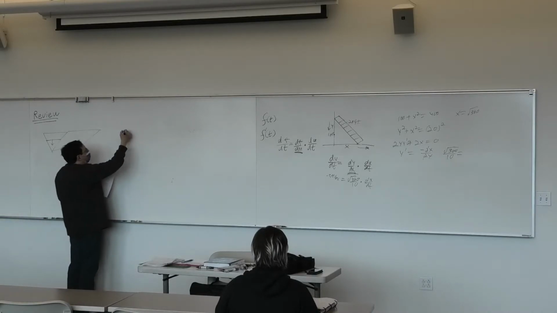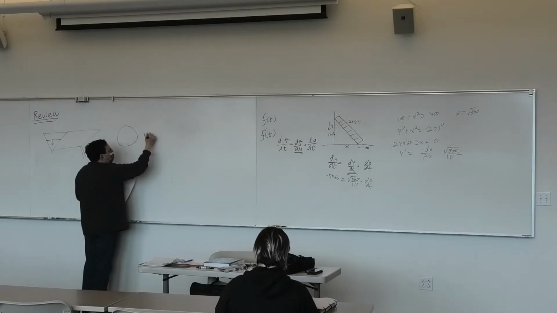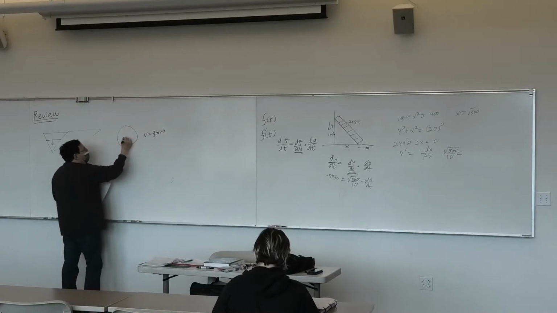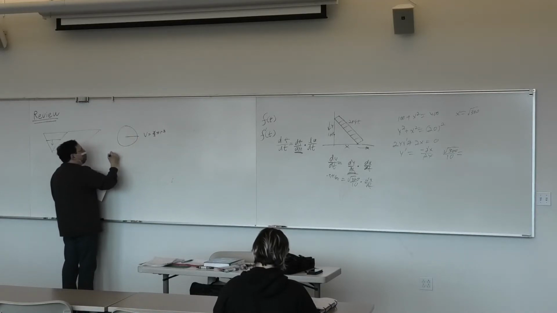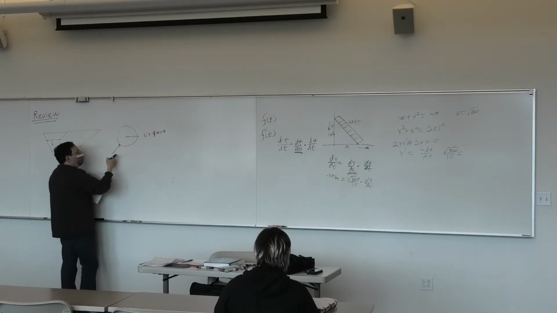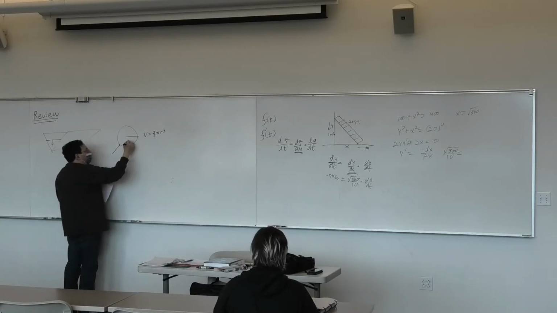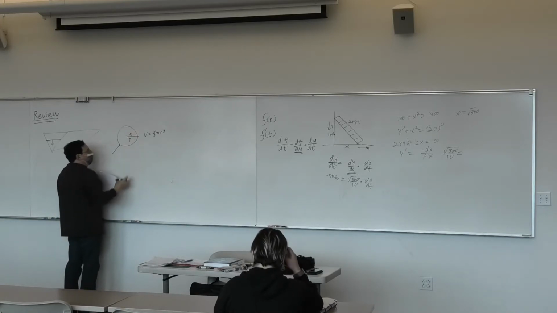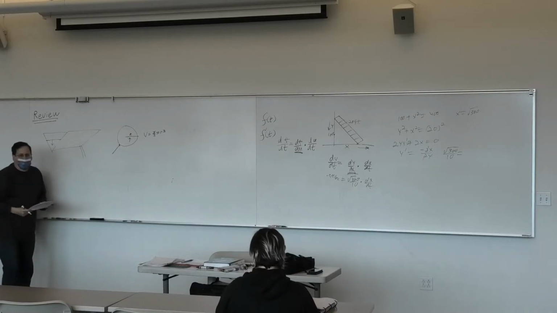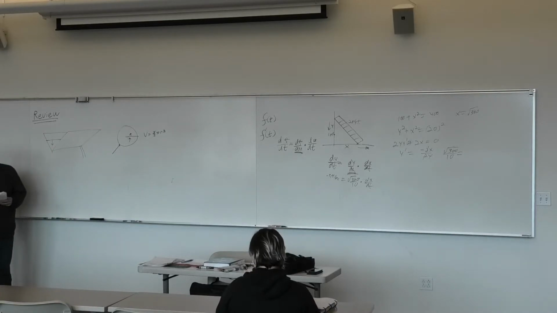Other problems where you're blowing up a balloon, which has a volume of 4/3 pi r cubed, and maybe you're increasing the volume by some constant rate, and you want to know how fast the radius is changing. It's the same kind of thing. I think all these problems were on the homework, and you should probably review them just so you're familiar.